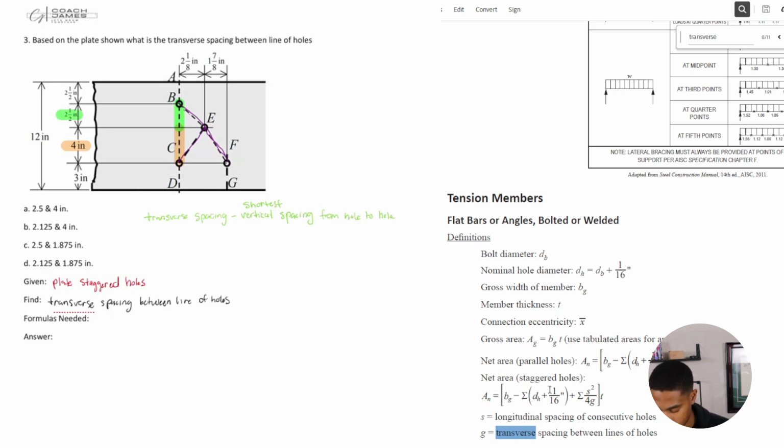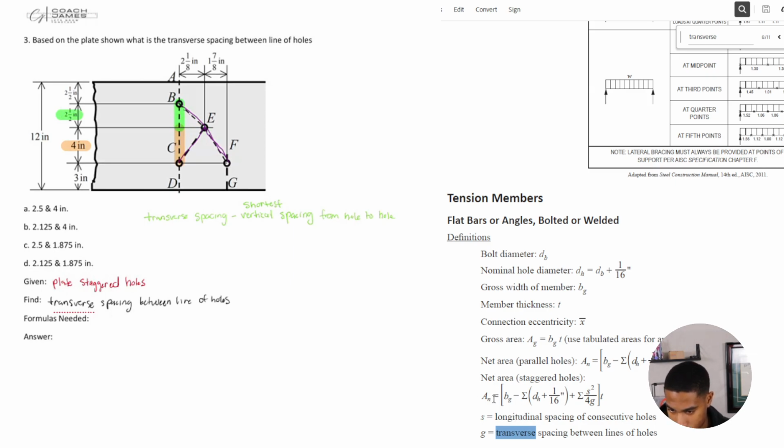Depending on whether they're telling you to go from C to E, your value for G is going to be 4 inches. But if you're evaluating something from B to E, then your G value is going to be 2.5, if that makes sense. So what about S?